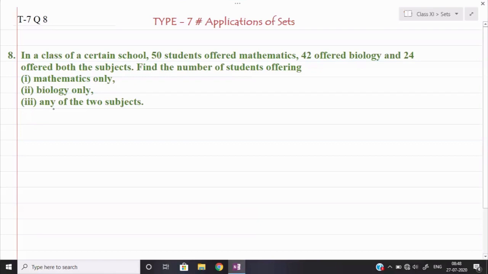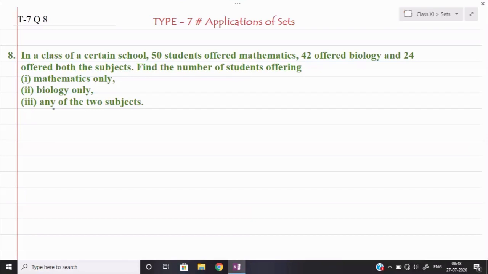See students, they can ask for the union in different forms, either simply giving or between the two groups, or they may say it like this, any of the two subjects. Okay, so you need to focus on the meaning of the words, then only it will be clear to you. Otherwise, if each and every time you look for the keyword, in the case of union it won't be possible, because union can be expressed in many ways.